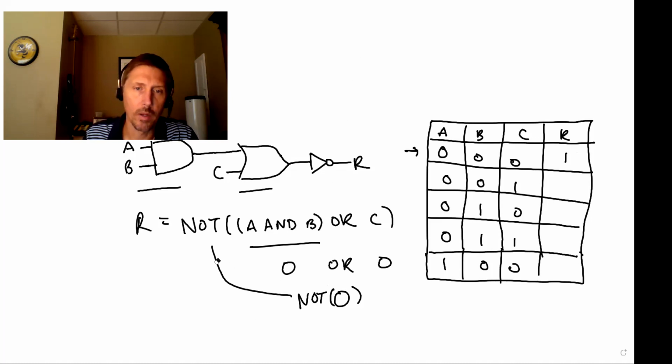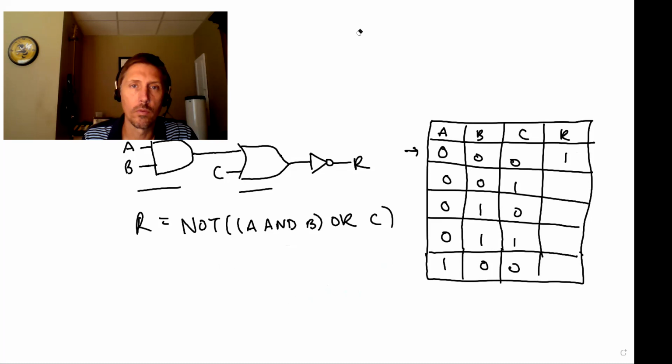All right, let's do another one. Let's do our next row here. A and B, we're ANDing. We start with the innermost parentheses. So we have a 0 and a 0, right? I'm now looking at row number 2. A 0 and a 0, that's going to give us an outcome of 0.